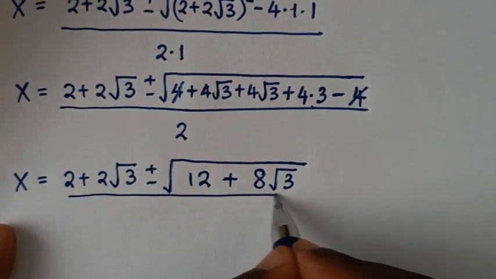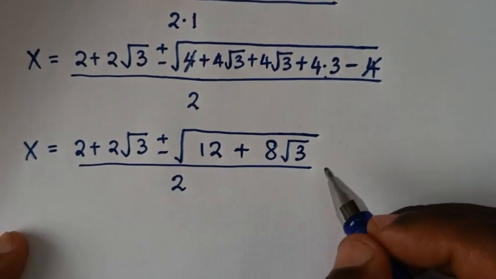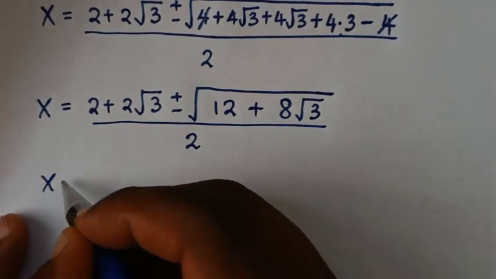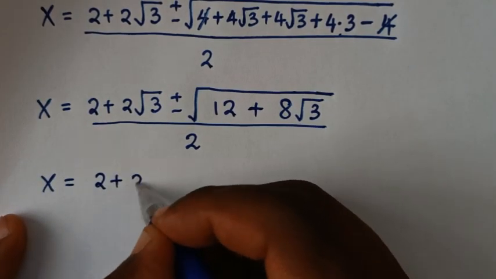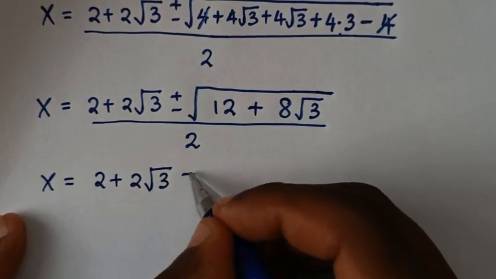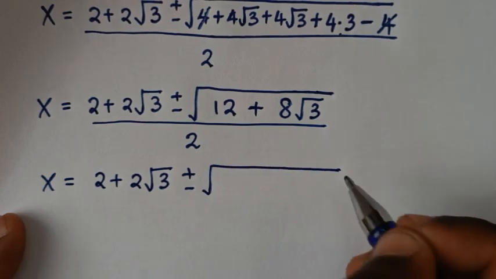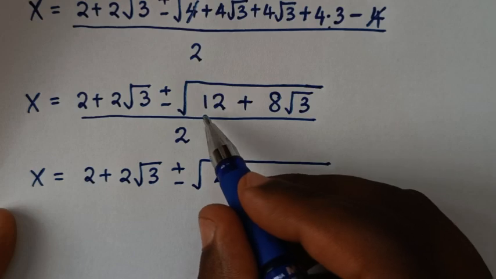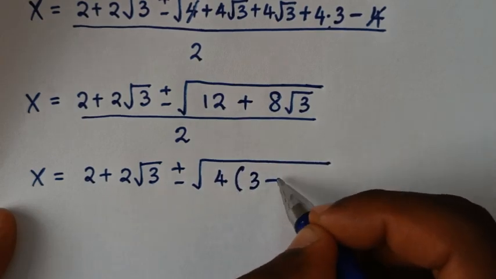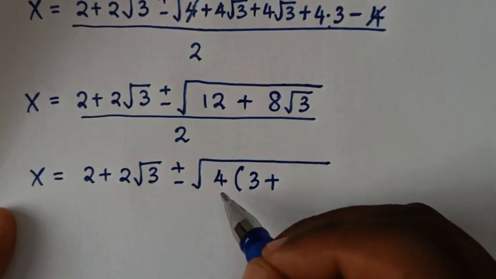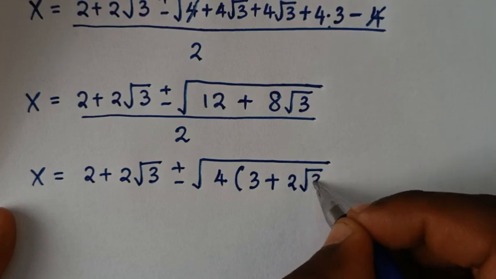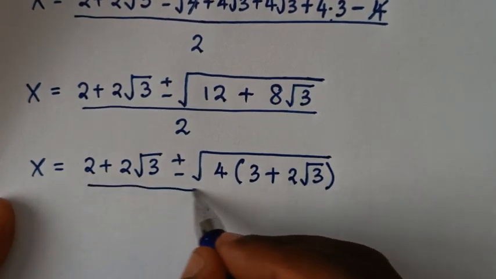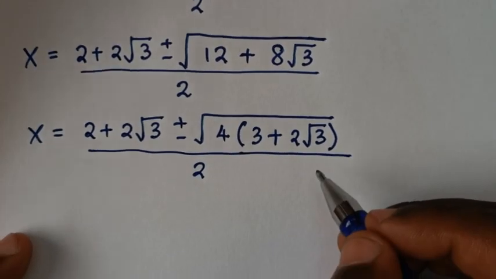Then over this 2. Then it will be x is equal to 2 plus 2 square root of 3, then plus or minus square root of here, 4 is common, so we'll take 4 out of bracket. 12 divided by 4, it is 3, plus 8 square root of 3 divided by 4, it will be 2 square root of 3 bracket, then over 2.